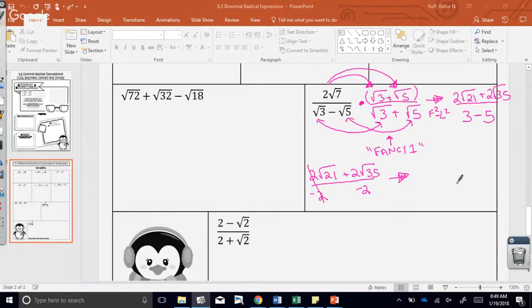So 2 goes into negative 2 and we're left with negative 1. So we've got negative root 21. Again, negative 2 goes into 2 and I'm left with root 35. My final answer is negative root 21 minus root 35.